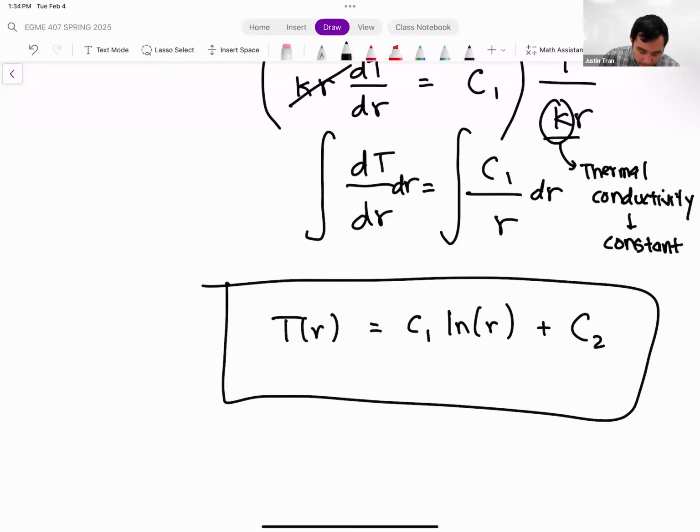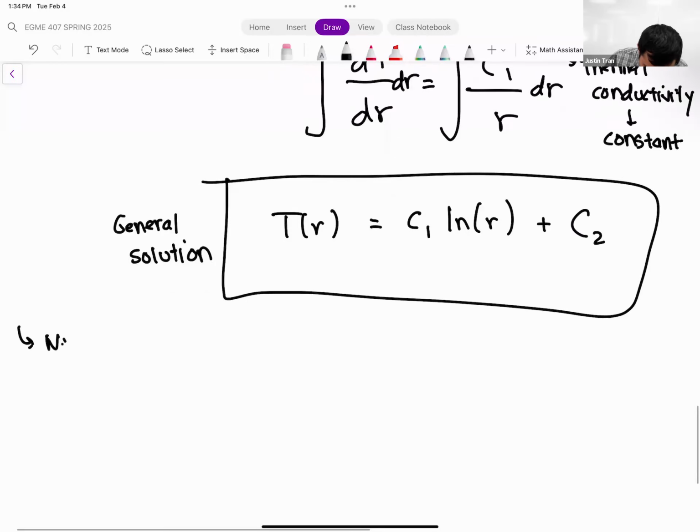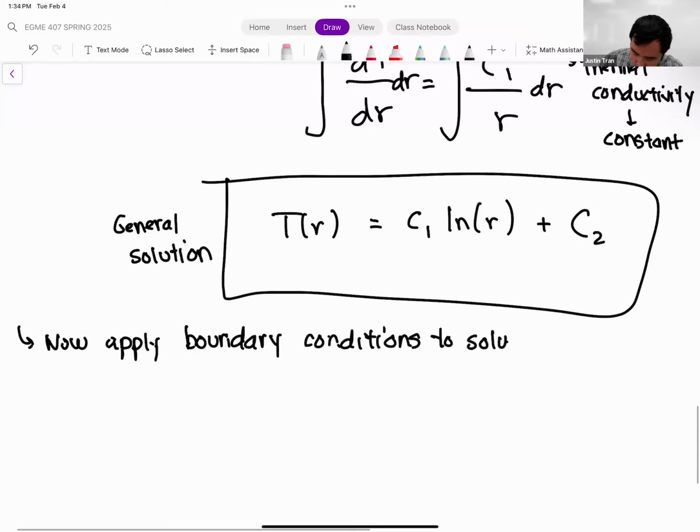So here, this is our general solution. Next, we're going to be applying boundary conditions on this to solve for C1 and C2, and after we solve for C1 and C2, that's going to give us our final solution.